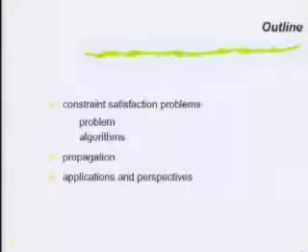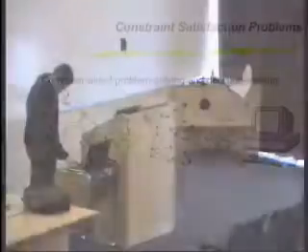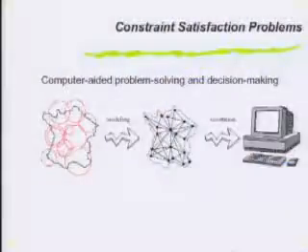So let's start with constraint satisfaction problems, the problem, and then the algorithms, the state of the art. The problem I'm interested in is CSP, for constraint satisfaction problems, not the CSP some of you might be interested in.